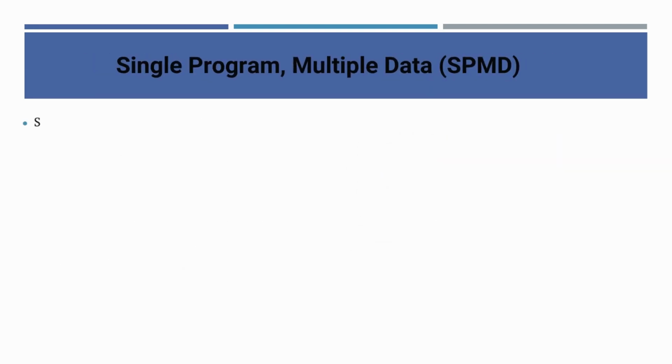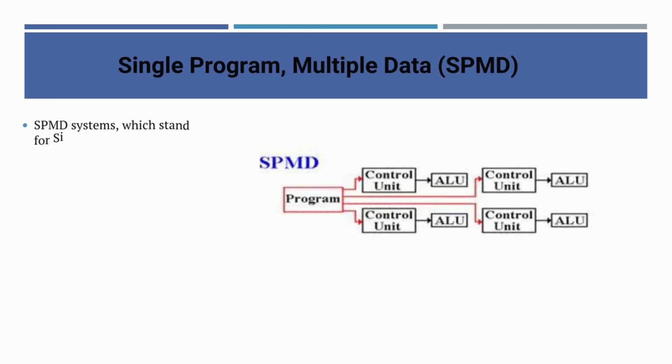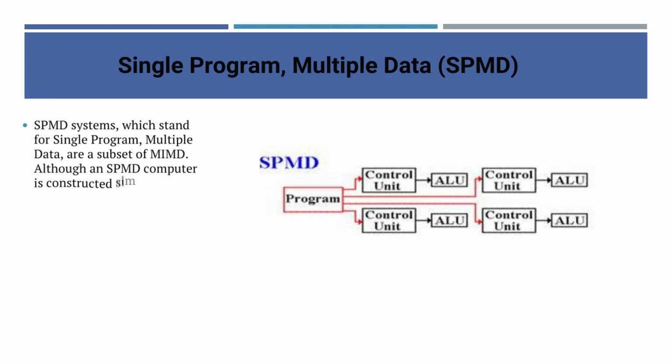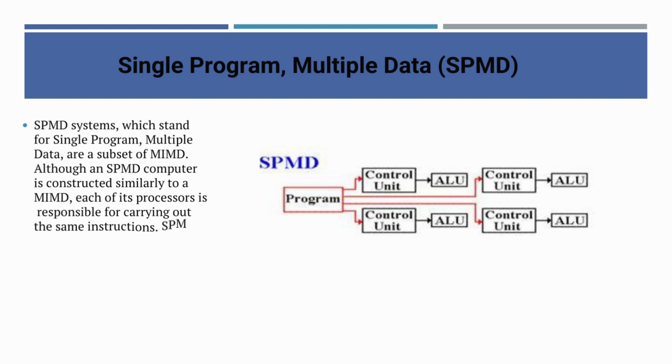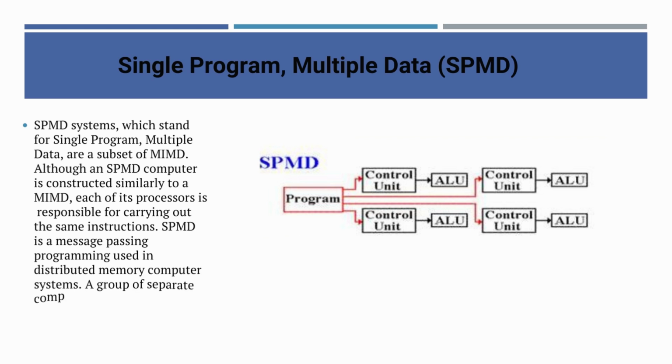Single program, multiple data (SPMD) is a parallel programming model in which multiple processors or cores execute the same program but on different portions of the data. It is a common approach used in parallel computing to achieve parallelism and speed of computation. In an SPMD system, all processors or cores execute the same program code, but each operates on a distinct portion of the data.